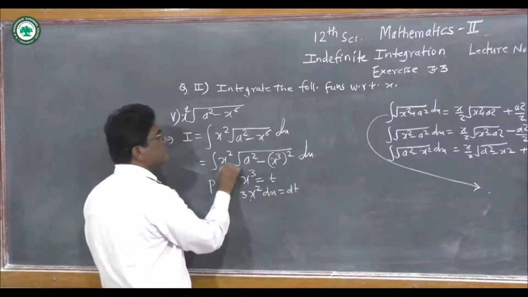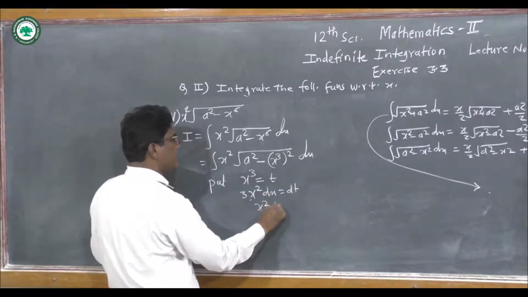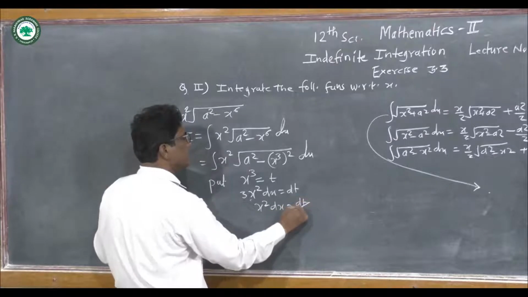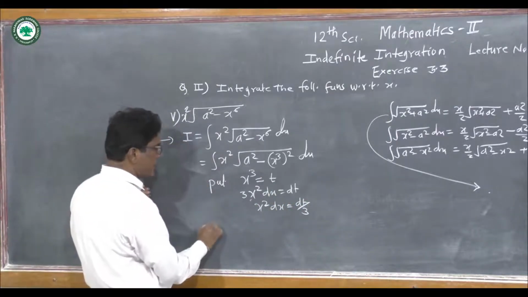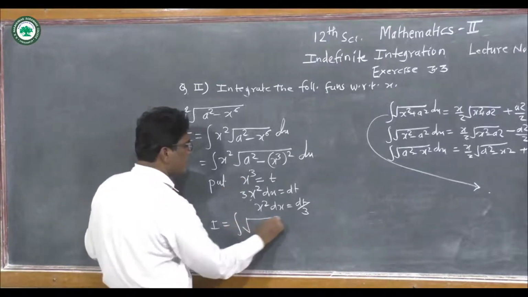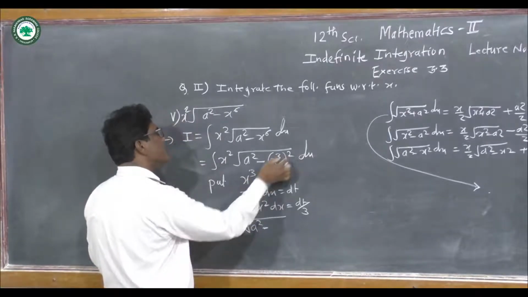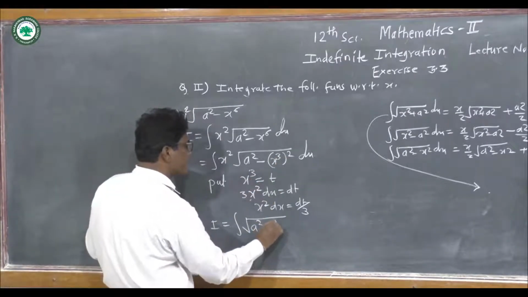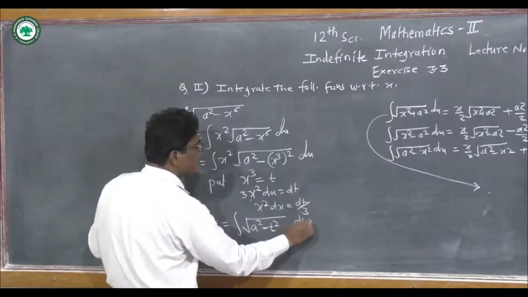So x square dx is present here, so we carry this 3. So we get x square dx is equal to dt upon 3. And therefore this required integral I becomes integration of under root of a square minus x cube square. So x cube is t, so t square, and x square dx is dt upon 3.